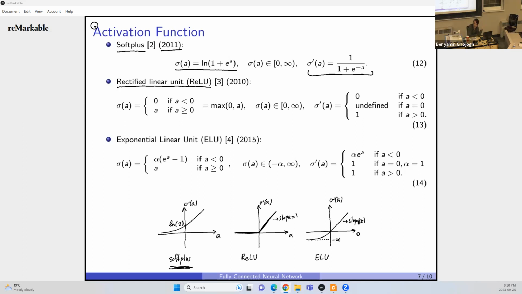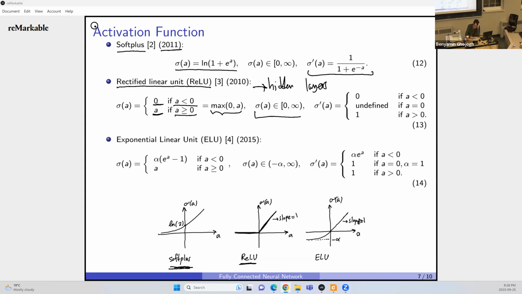For the hidden layers, they actually use mostly ReLU activation functions. And it's this. Here I have shown it. For a less than 0, it's 0. For a greater than or equal to 0, it's a itself, with a slope of 1. So it's basically the function of max of 0 and that input, right?